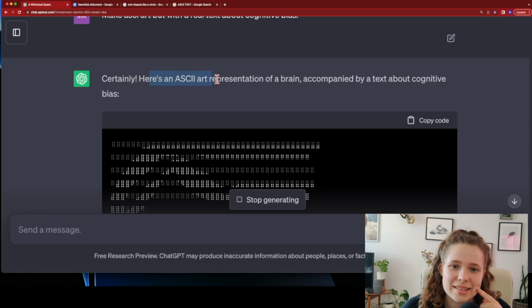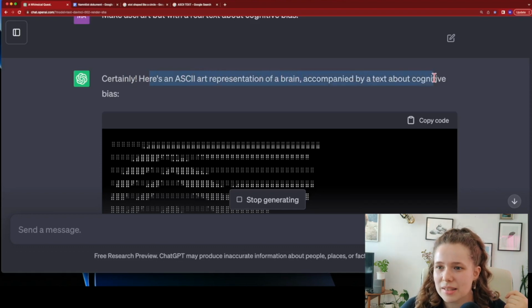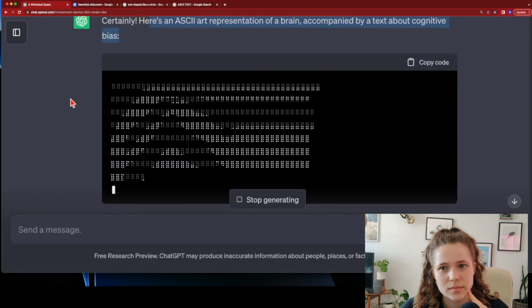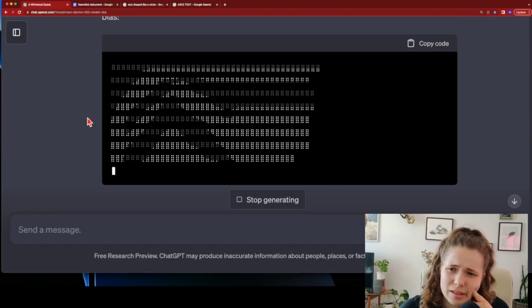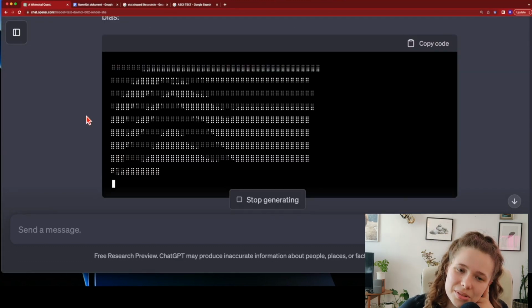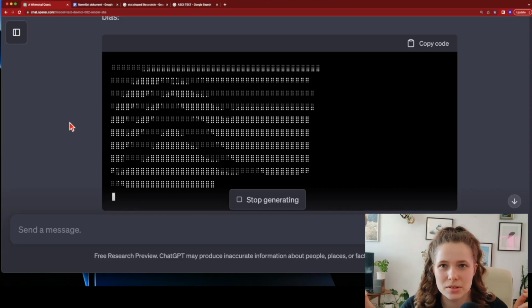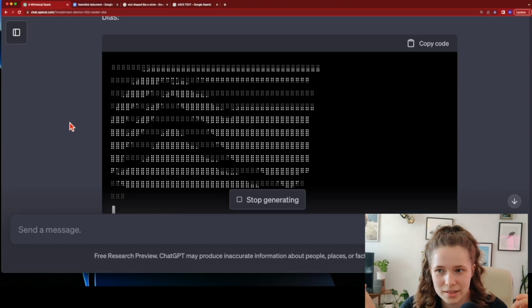Here's an ASCII art representation of a brain, accompanied by a text about cognitive bias. Oh, okay. A brain. The text is supposed to be the art. I just feel like we're so close to unlocking this thing.